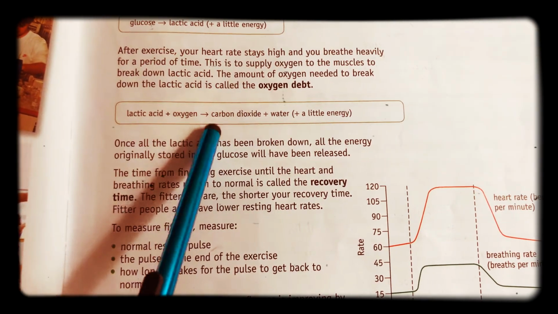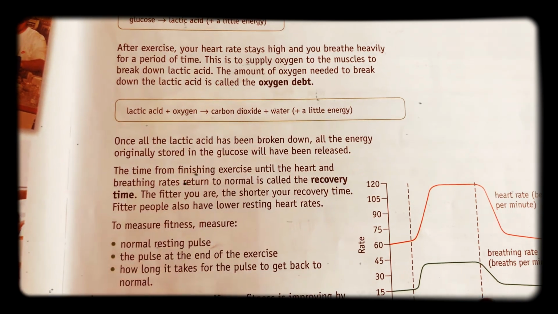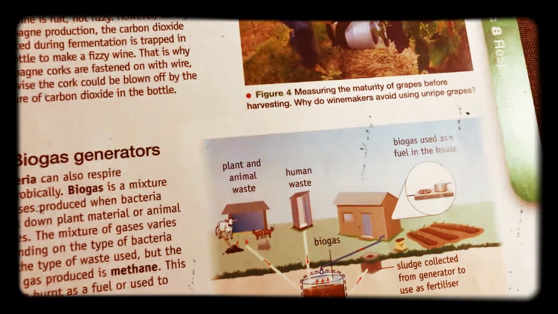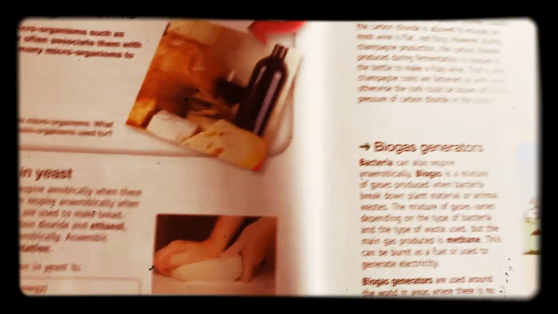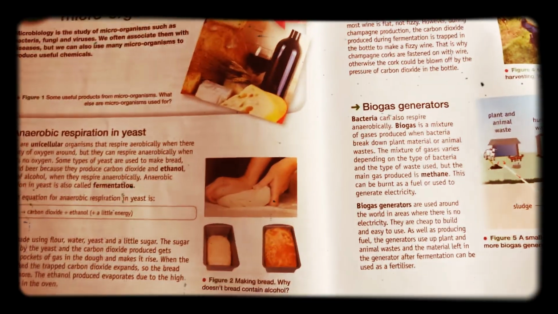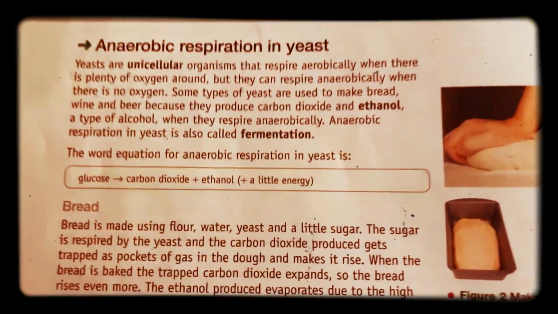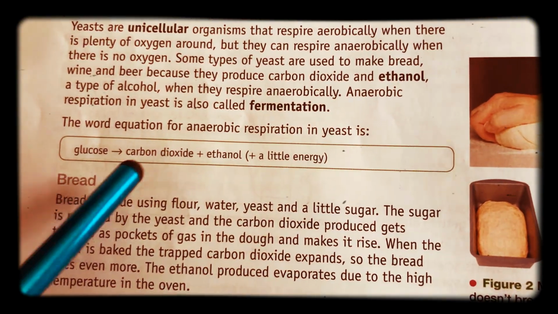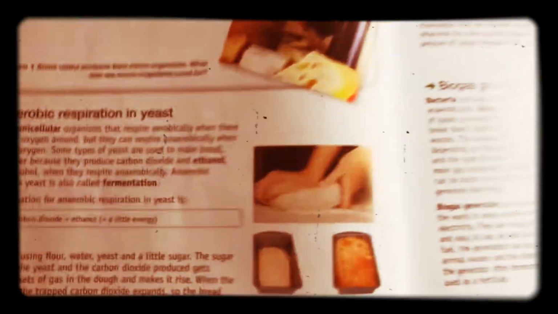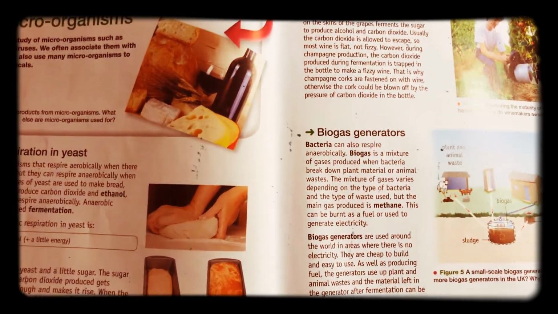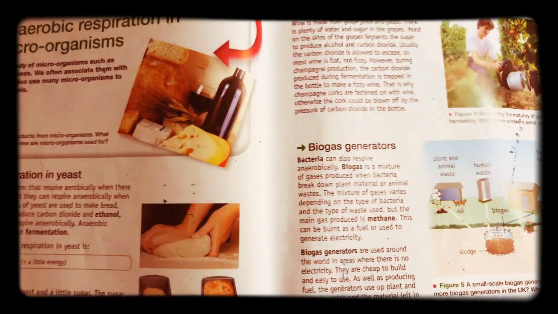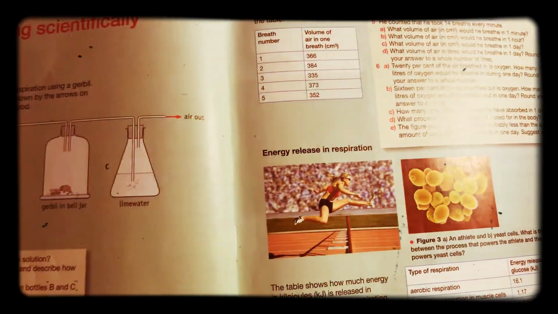Eventually that lactic acid will break down in your body. We talked about anaerobic respiration in yeast. The main equation for that is glucose reacts to form carbon dioxide and ethanol. This is when we did the experiments to make the ethanol, which is the main constituent in hand sanitizer.